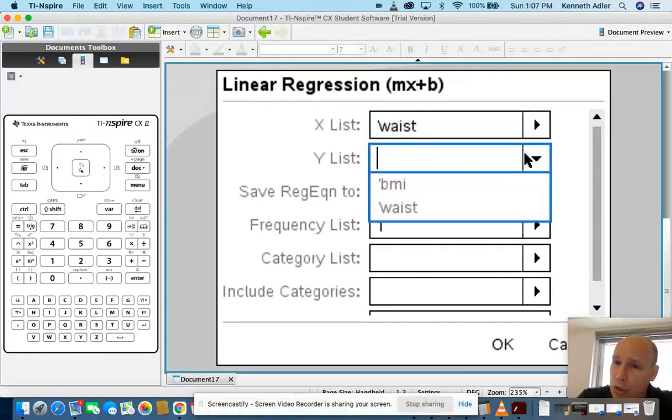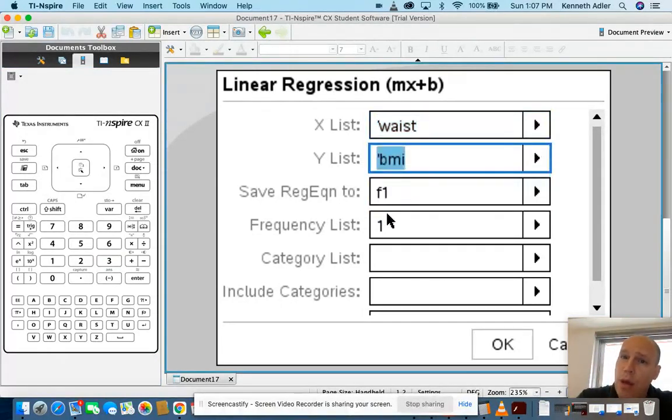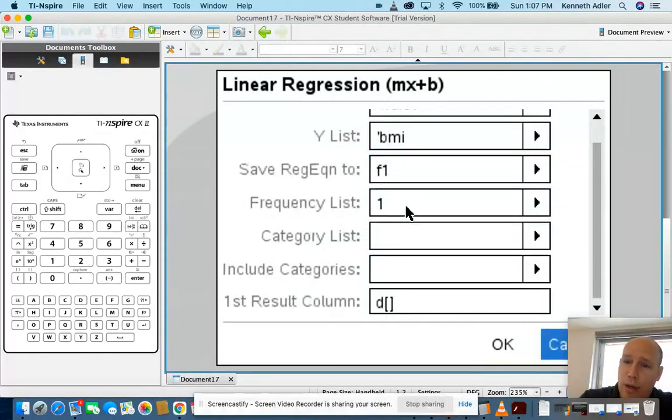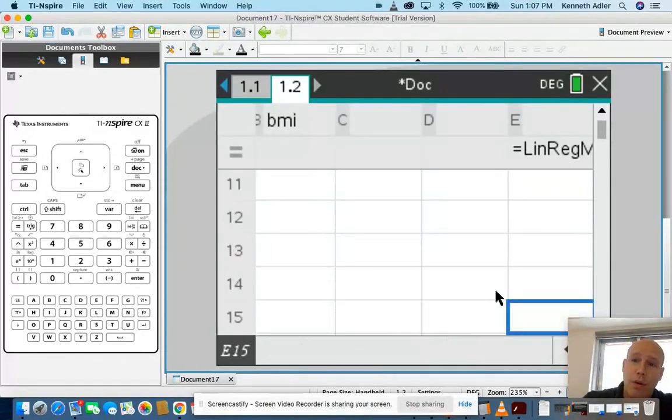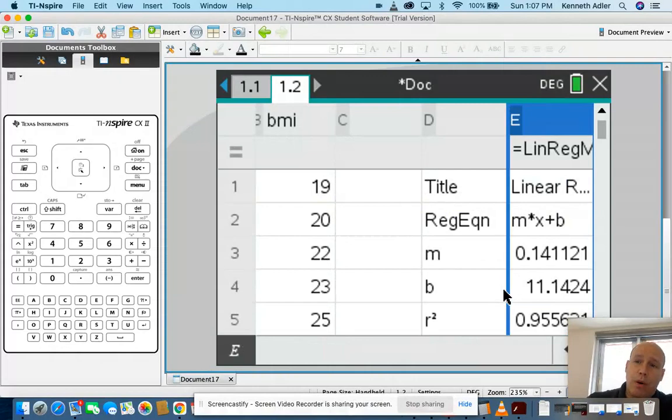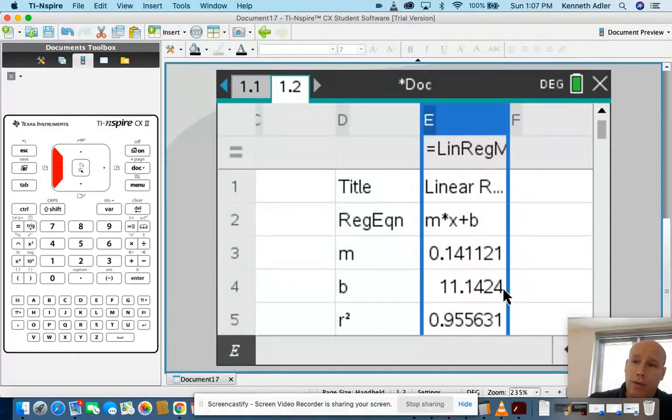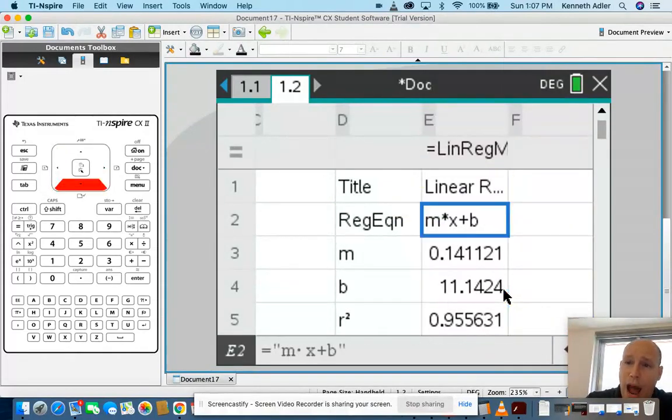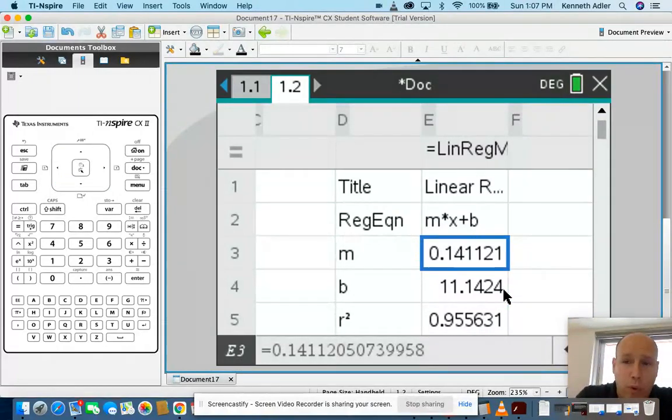The Y list, we know that's BMI. We're going to save this regression equation as function F1, and we're going to stick it in column D. Okay, nice. Whoops, sorry. So the linear regression, MX plus C. Our first value is 0.14.